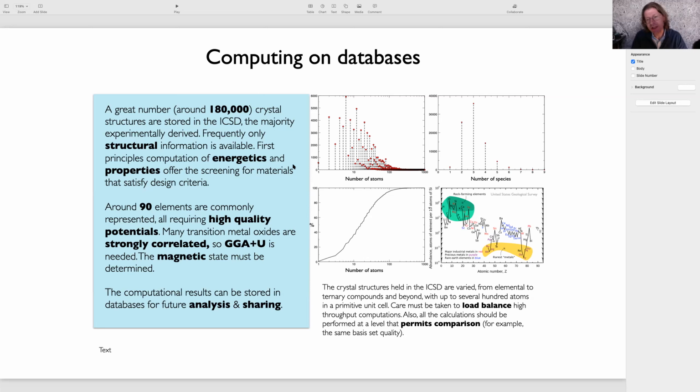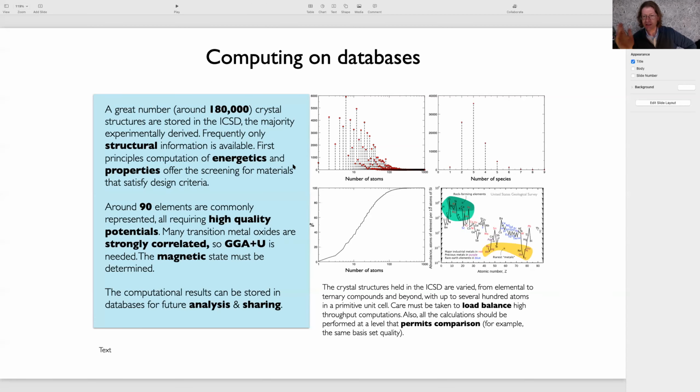The other thing to note is the plot more to the right hand side, which is the frequency of the number of different species in the crystal structures. If you only have one species, that's an elemental crystal structure, like pure carbon, graphite, or diamond. If you have two, you're in the binary systems, with two different atoms.